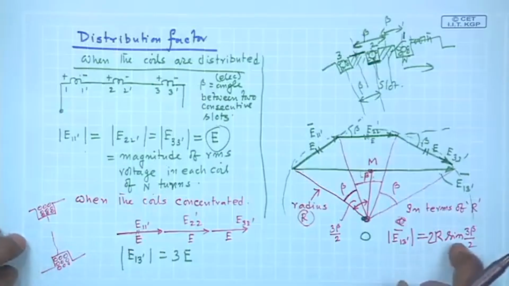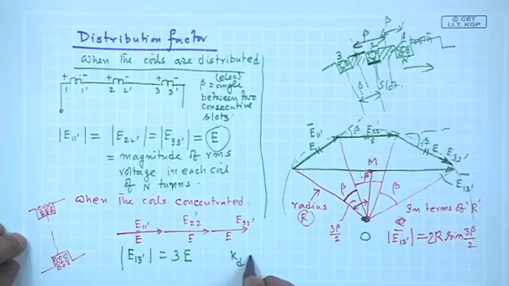Now, the ratio of these two is called the distribution factor.